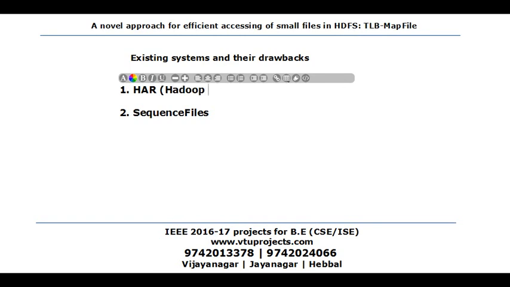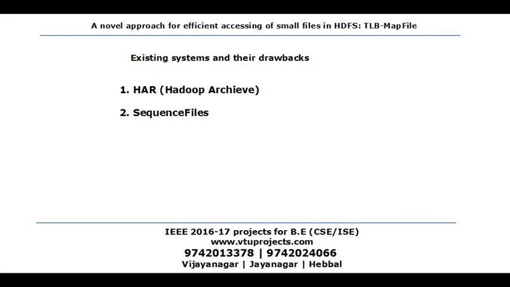To expand HAR, we call it Hadoop Archive. To be frank, you don't need to explain these existing systems, because they were already done by the previous authors. We will not waste time understanding the working of the existing systems. Instead we have to spend some time understanding the working of the proposed system.